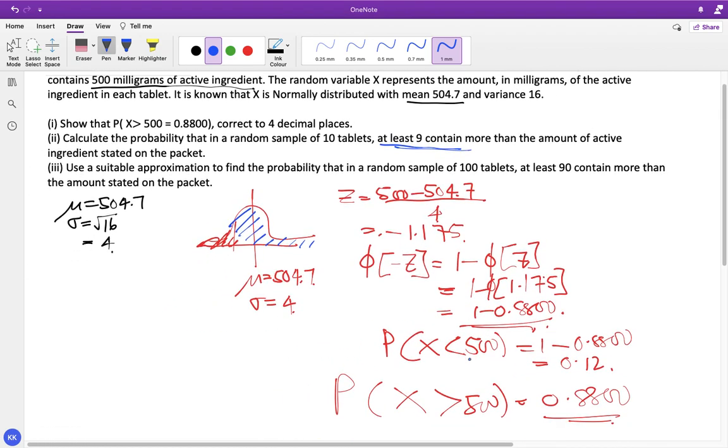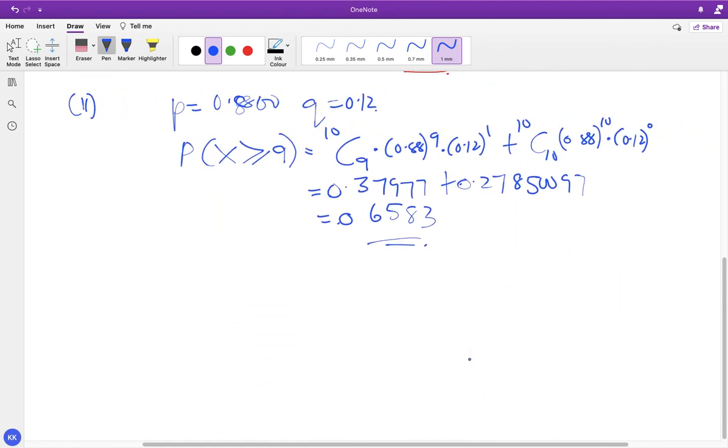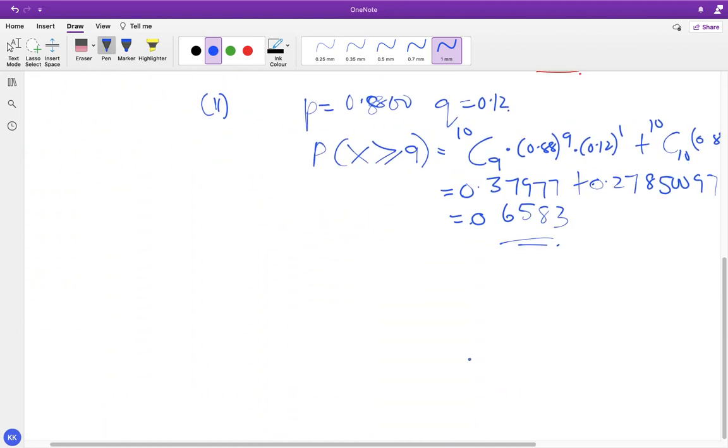Finally the third question: use a suitable approximation to find the probability that in a random sample of 100 tablets, at least 90 contain more than the amount stated on the packet. So part 3.